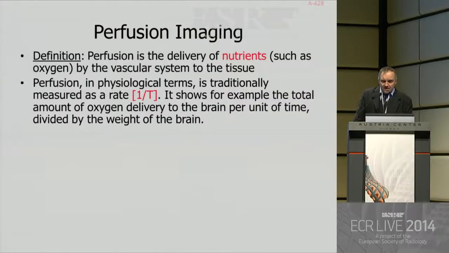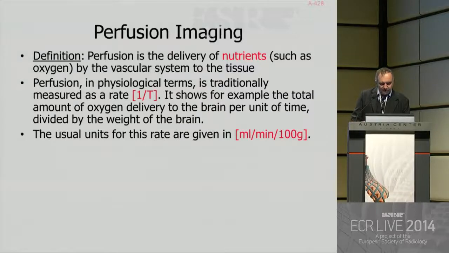Typically, for historical reasons, the measurement has been given as the amount of oxygen delivered to the brain per unit of time divided by the weight of the brain. So the unit will therefore be in milliliter per minute.